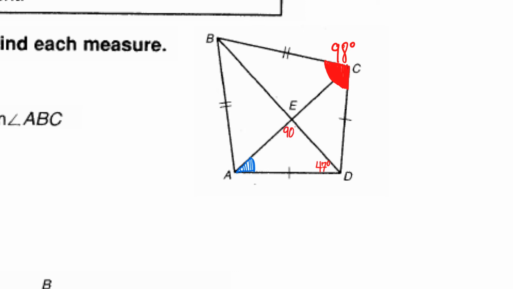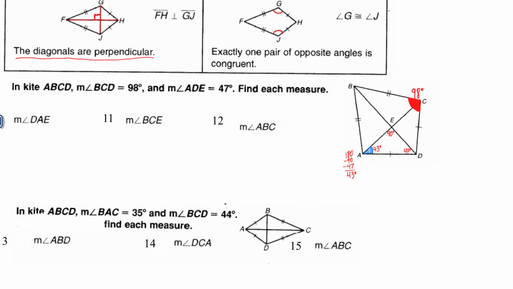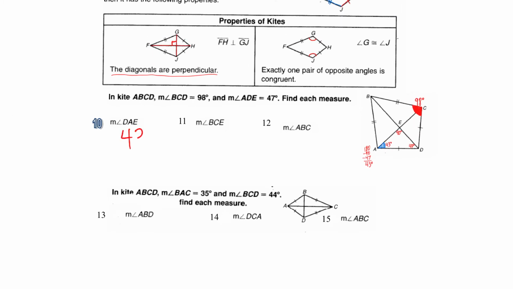That angle DEA is 90 degrees, right? And then if you just think about this triangle right here, the 3 angles of that triangle add up to what? 180. So I'm going to do 180 minus 90 minus 47. Okay, and that gives me 43 degrees. So that's the answer to that one, 43 degrees.